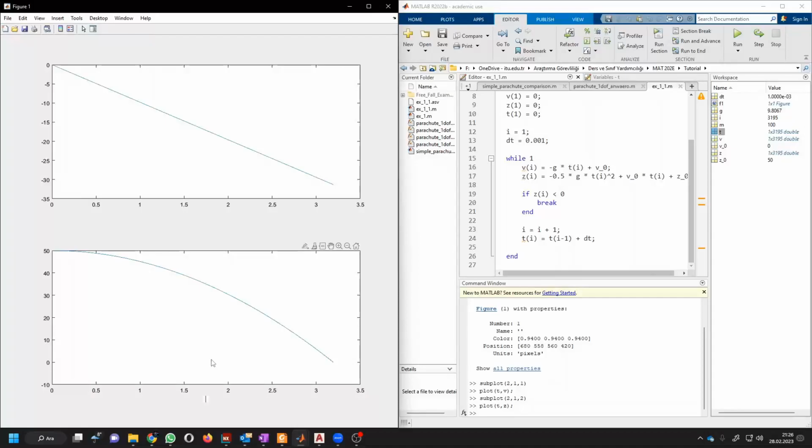I can insert labels for the axes: x label as time, y label as position.